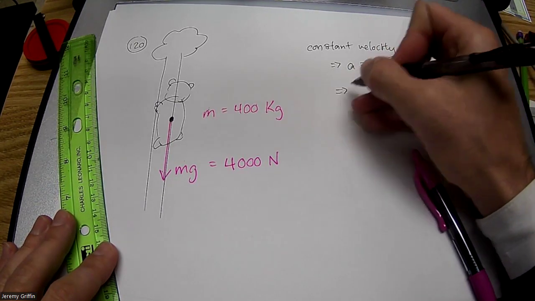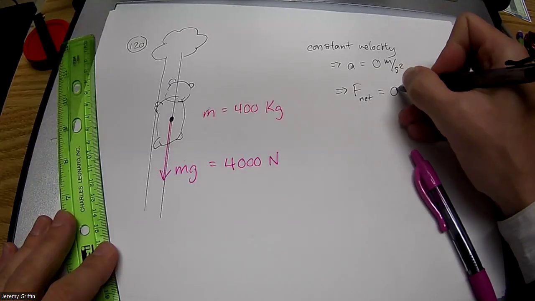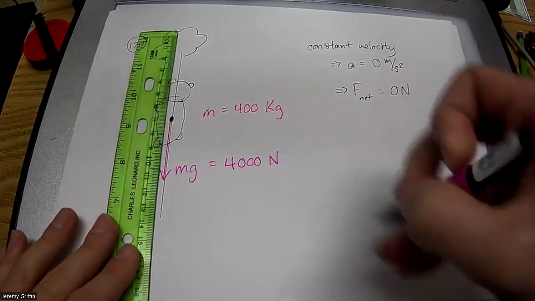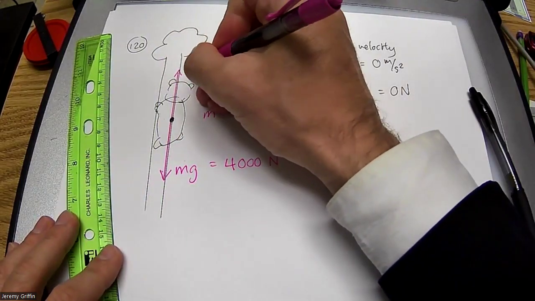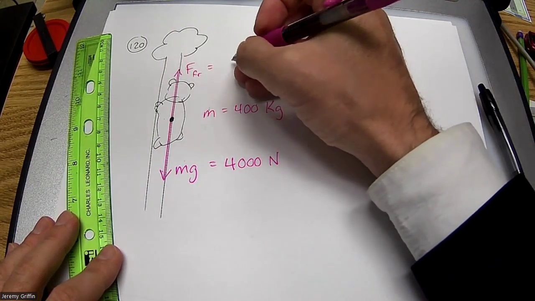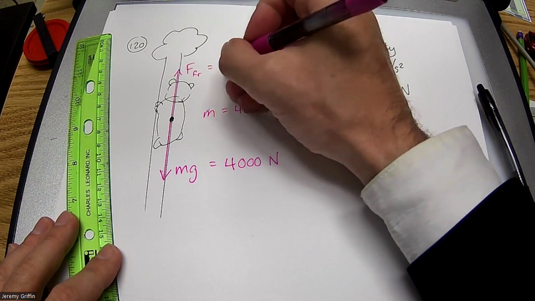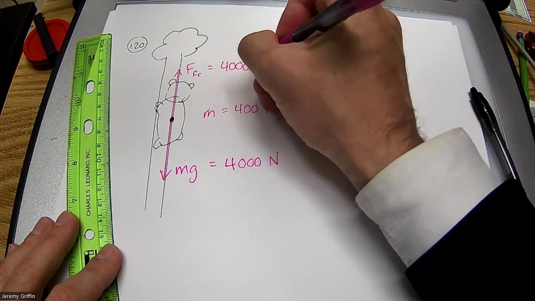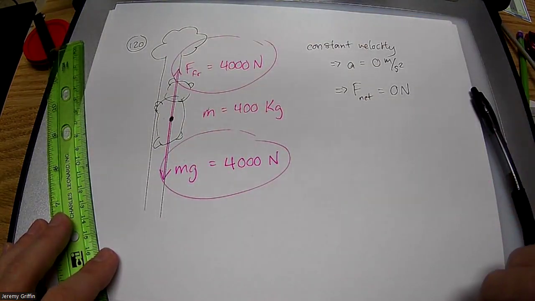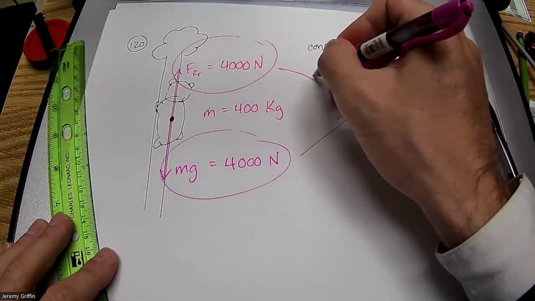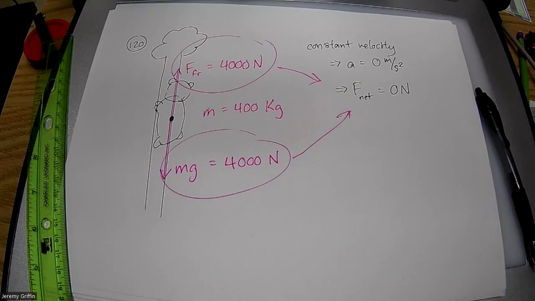And if the acceleration is 0, what's the net force? 0 newtons. If the net force is 0 newtons, what is the friction force? 4,000 newtons. You guys see that force and that force cancel out, so that the net force goes to 0. All right, that's a good pause point right there.